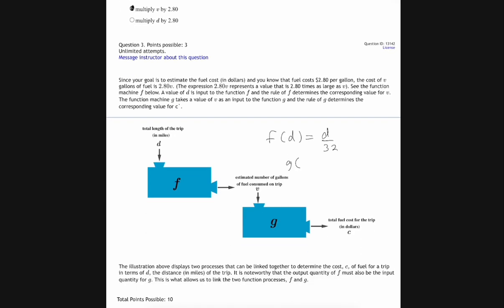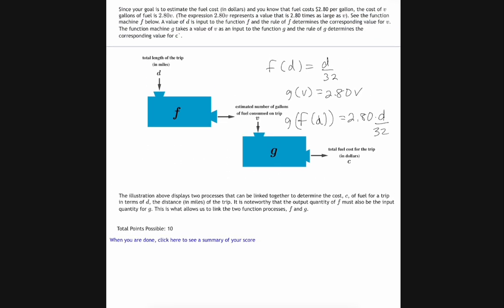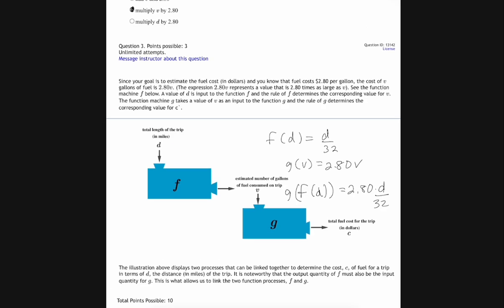Our G function is 2.80V. So if we put them together, our G of F of D, let's put these two functions together, it would be 2.80 times D divided by 32. So that's our function. And I don't think there's anything else you have to enter for that.